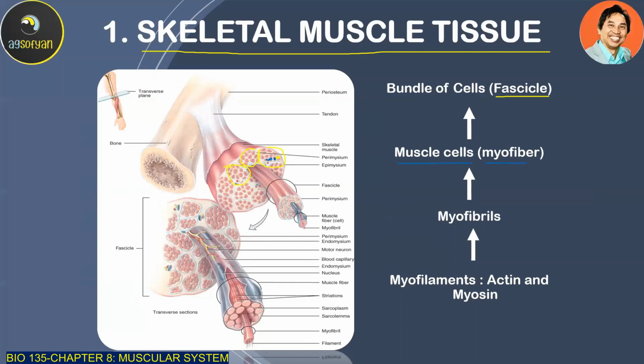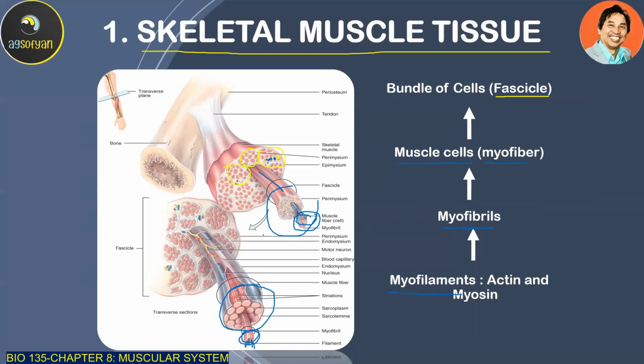If we take one of these fascicles, then there will be one muscle cell over here. If we take one muscle cell, this is a long muscle cell; usually skeletal muscle is very long. Then what is present in the muscle cell are fibrils, which are filaments. It's called the myofibril, and each myofibril consists of filaments called myofilaments.